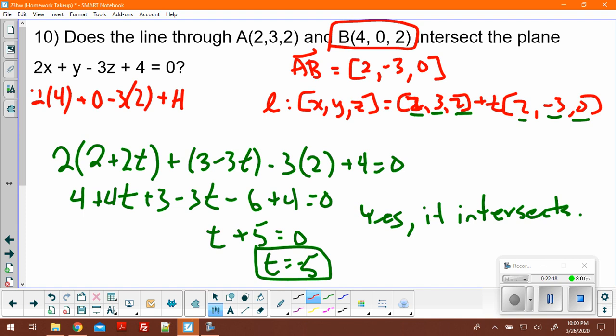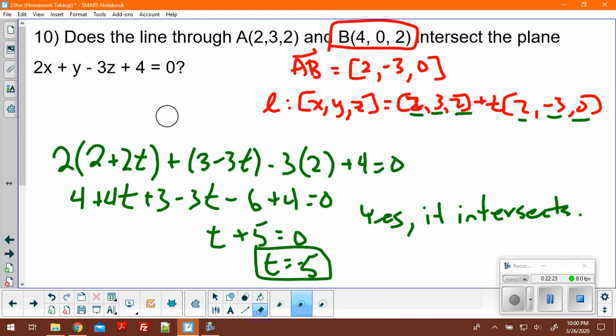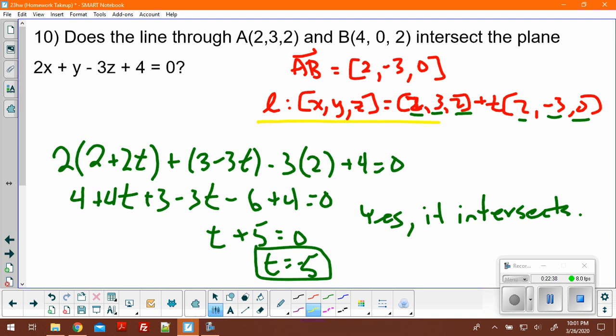Nope, never mind. It doesn't work. I guess I did not eyeball that correctly, but that could be another quick check. See if I'm trying to trick you, right? Just throw the points into the equation and see if either of them goes into the equation. But yeah, we created the equation of a line in the vector form, right here, and just plugged in our parameters of the equation and solved.